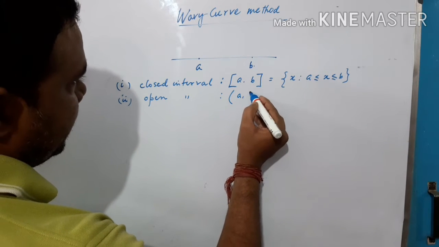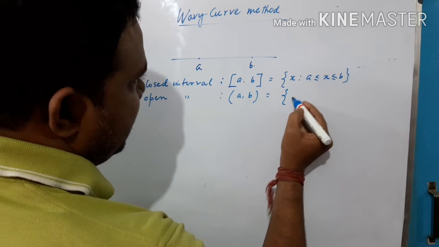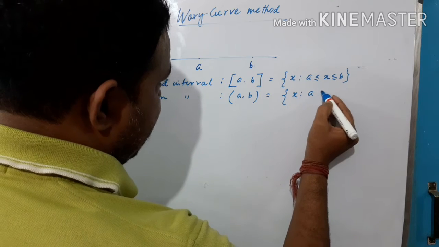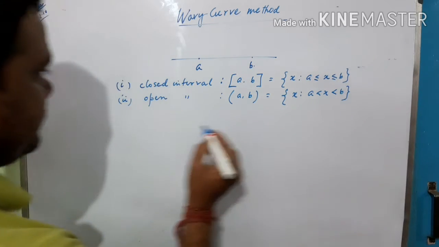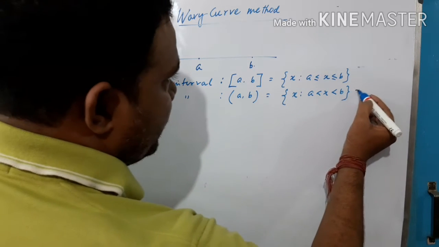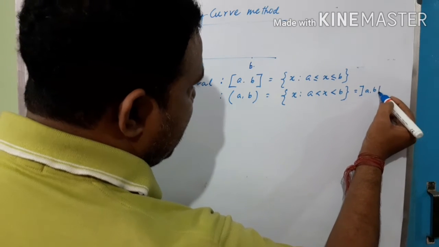We write like this, (A, B), and the meaning is that x such that A is less than x is less than B. Now remember that open interval is also written like this, ]A, B[.